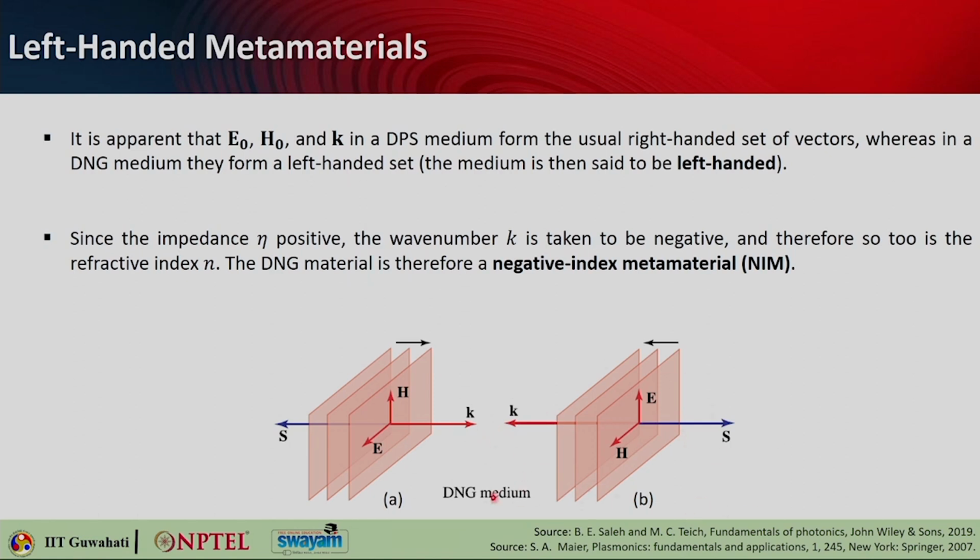These two figures are actually showing the same thing, just put in the same manner as you kept it for the double positive system. So here you will see that everything else remains the same other than the wave propagation direction, which was towards the right in the double positive system. Here it changes to left. That's the only difference.